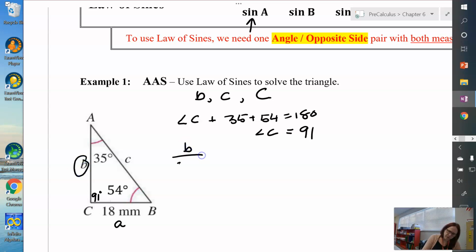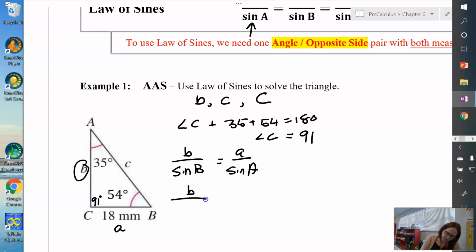So b over sine of B equals a over sine of A. And I've written it this way because I want to solve for b. So then just plug in what you know. Little b is what I'm looking for. Sine of B is sine of 54. Little a I know is 18. And sine of A is sine of 35.